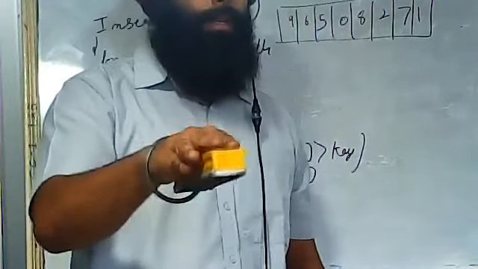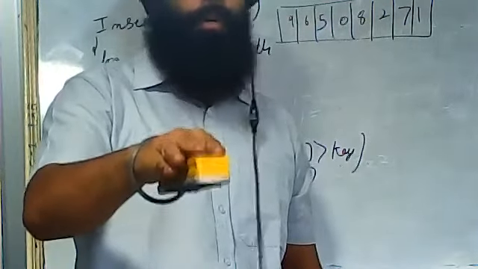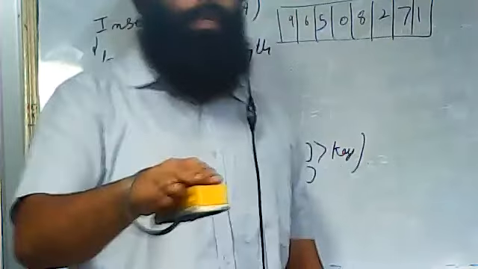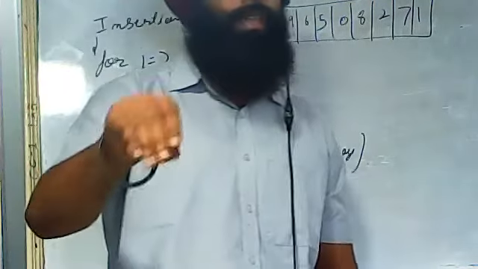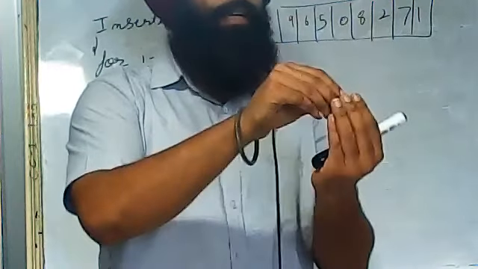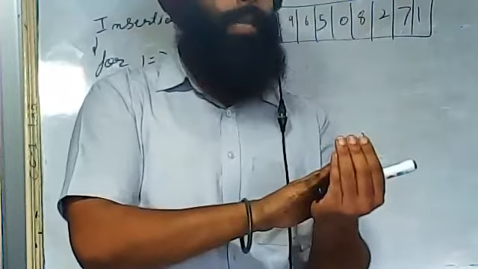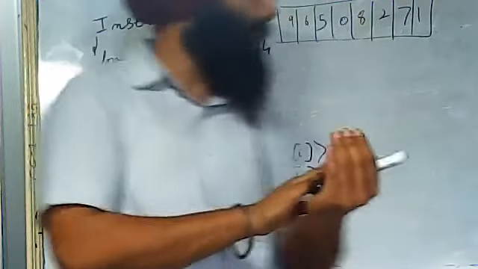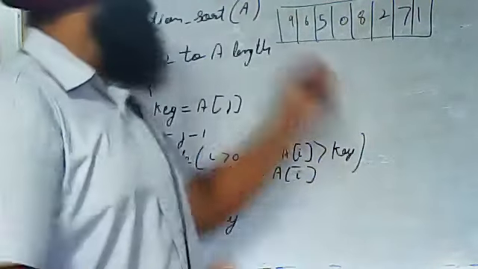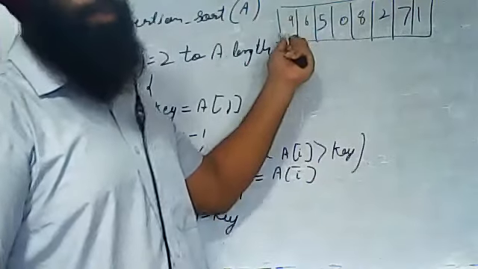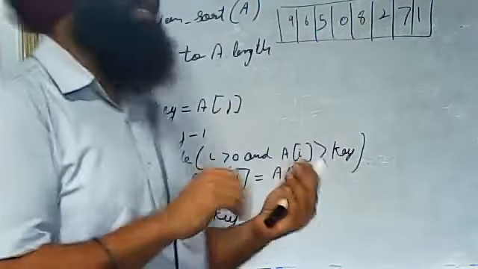Now we will take the first card out of this deck in our other hand, and we will not compare it with any other element. So the first element is always sorted, and we need not compare it with any other element.